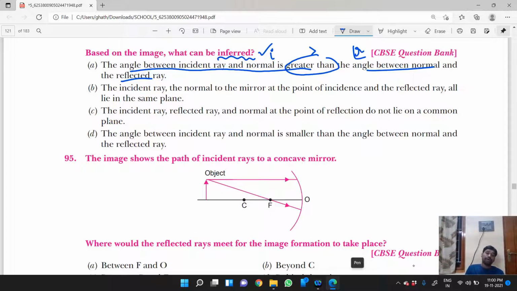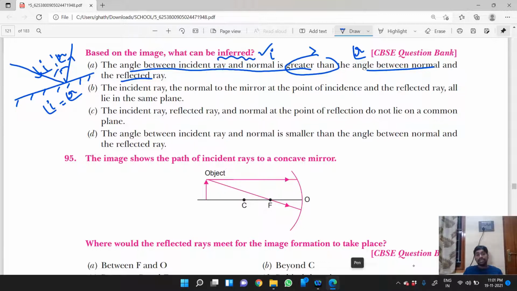So according to the law of reflection, if a ray of light is incident obliquely on the plane mirror at an angle, let us say I, after reflection also it must follow the law of reflection. So as I told you in yesterday's class, I is equal to R should be. Here they gave a greater than symbol, so that's the reason it is wrong.